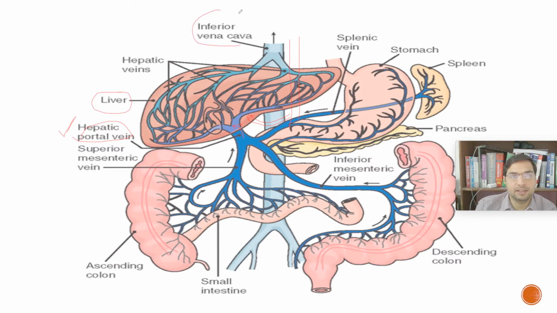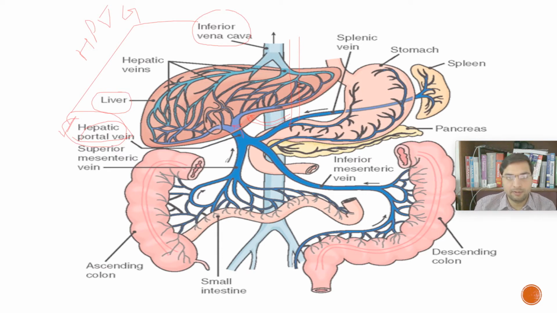The difference in the pressure gradient of the inferior vena cava and the hepatic portal vein is portal hypertension, HPVG, the hepatic portal venous gradient.